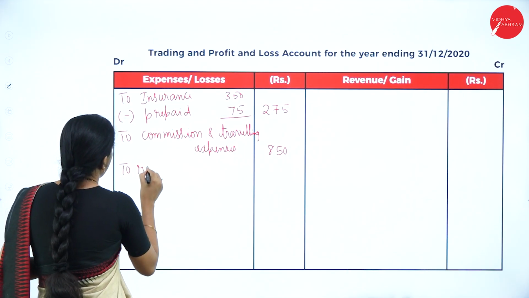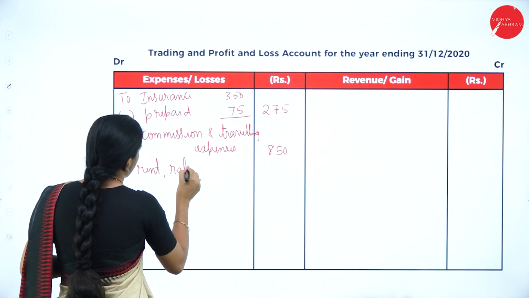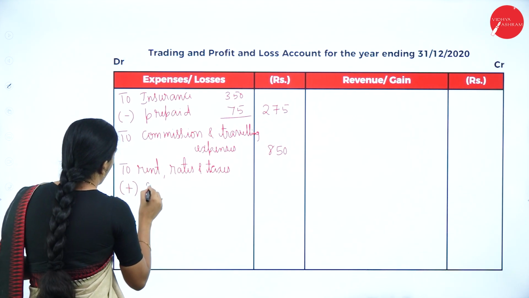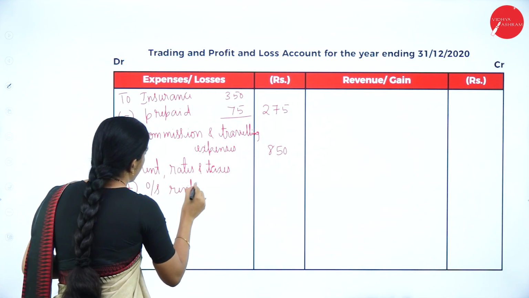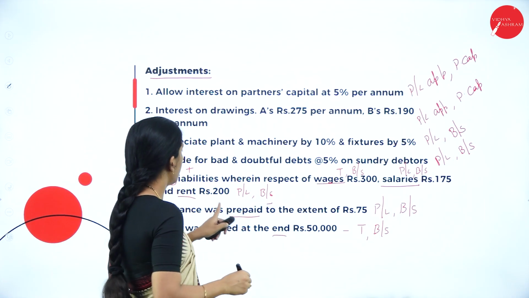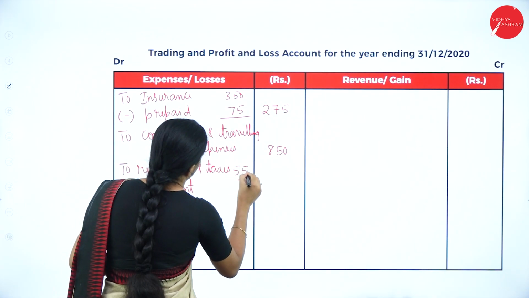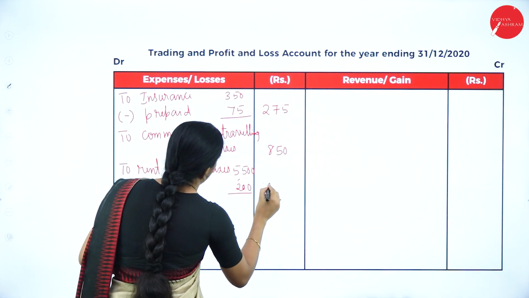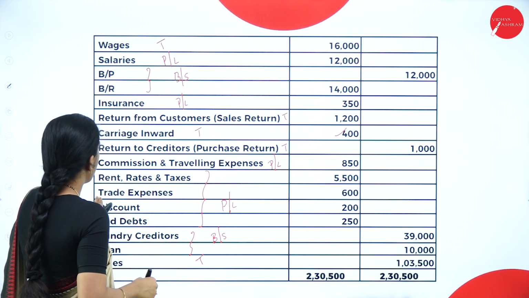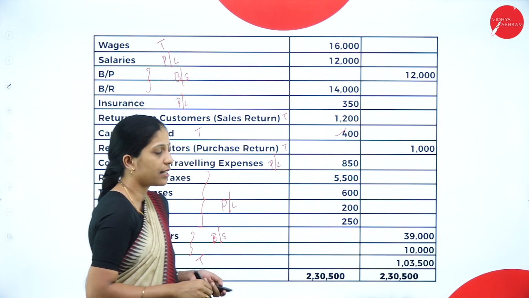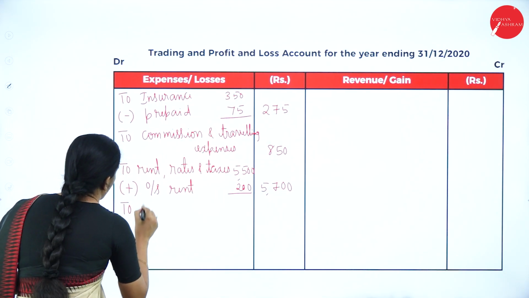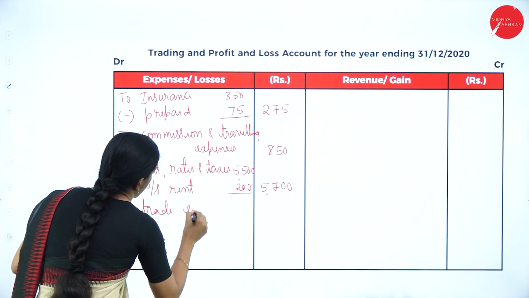To rent rates and taxes plus outstanding rent, and the amount is 5,500 plus 200, so this will be 5,700. So after rent rates and taxes, trade expenses 600, no adjustment, so we'll write directly to trade expenses, 600.